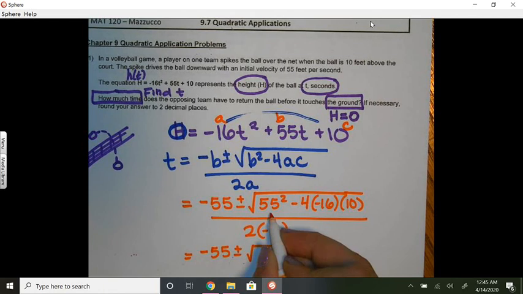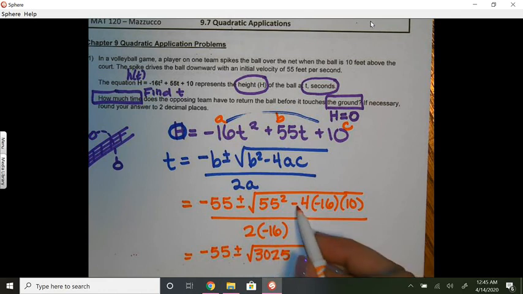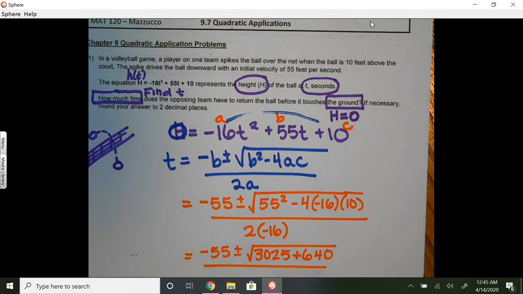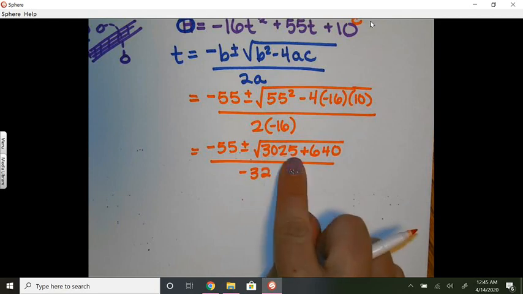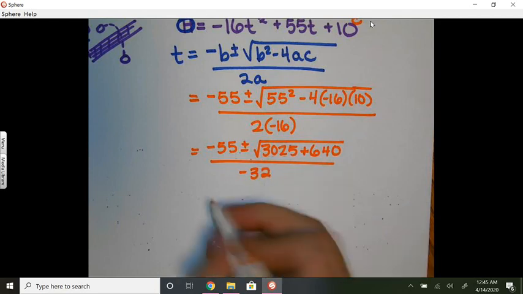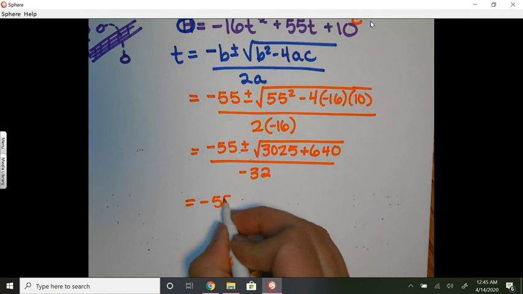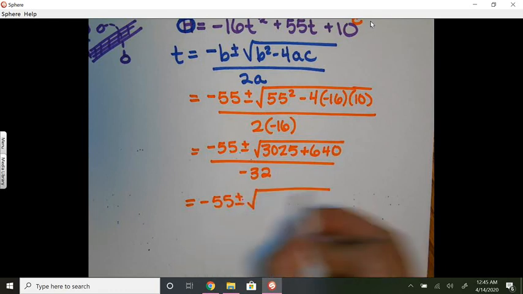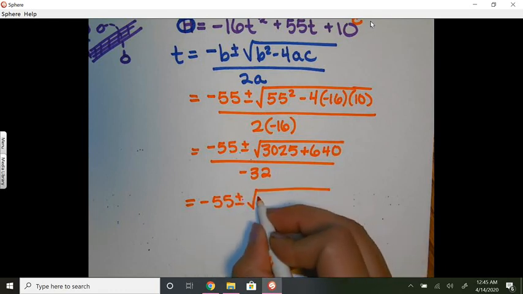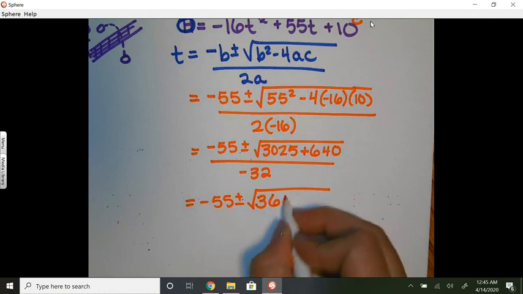So 55 squared is 3,025, and then a negative times a negative is a positive, and 4 times 16 times 10 is 640. Okay, and then 3,025 plus 640, that would be 3,665.